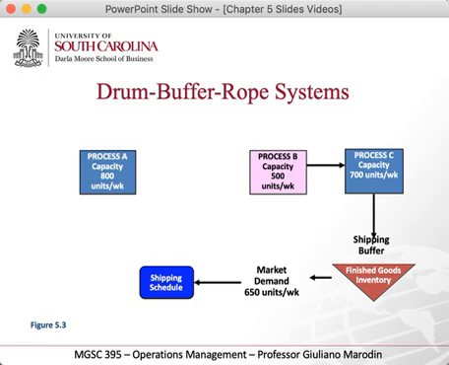Remember, there's a tricky caveat to that question. If it's showing capacity, I have to look at the lowest capacity.